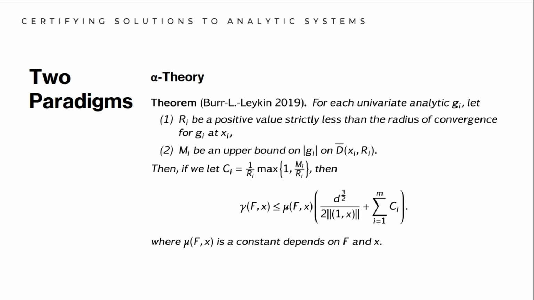Let me explain this way. Because this is obtained from the Taylor expansion, it comes from each term in the Taylor expansion, and this is obtained from the Cauchy integral. So we can also find this C_i using the derivative of the g_i. In that case, R_i is going to be scaled or something like that.